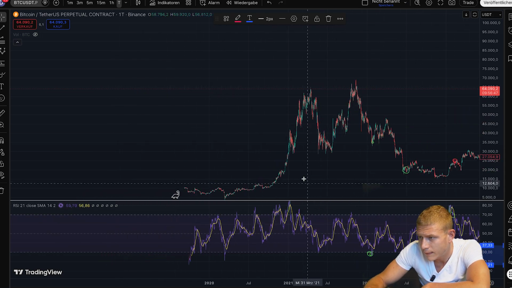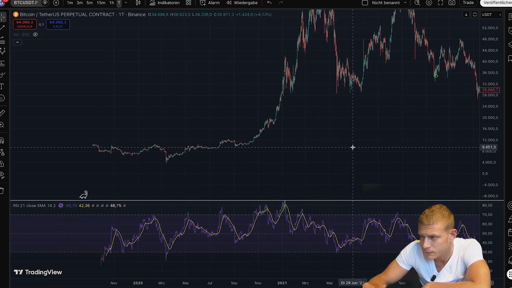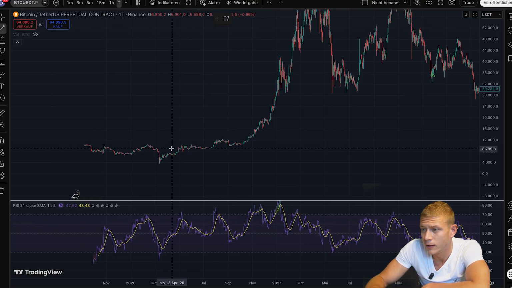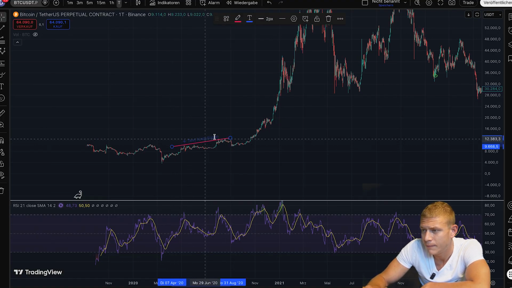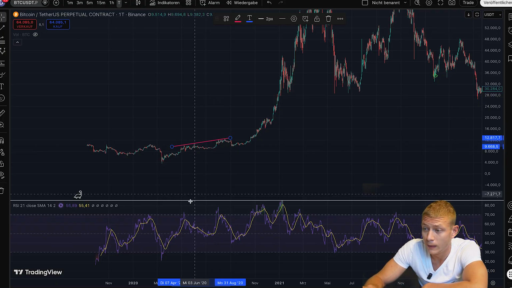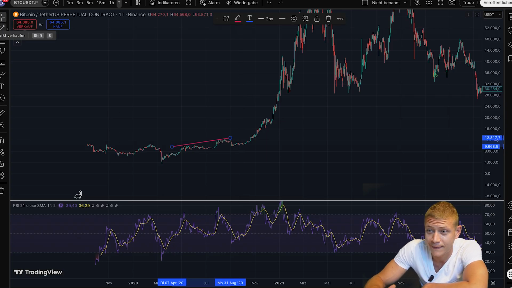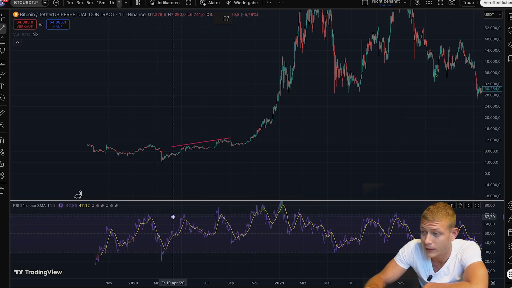So, for example, yeah, that's a pretty good one. If we check out here on the chart, we have higher highs, and in the other perspective that we looked at before, we had lower highs on the RSI, right? As if it would crash. But in this scenario, you can clearly see on the RSI that there are also higher highs.